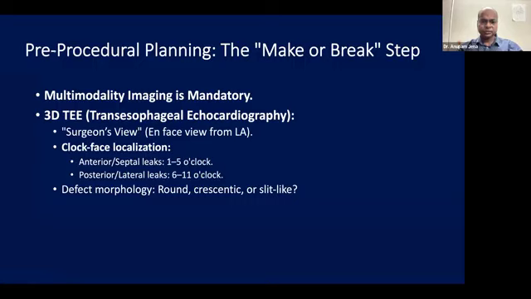There we try to localize the leak. In the majority of cases it will be anterior or septal; posterior or lateral will be seen in some cases also. Clock orientation also helps, and during the procedure with live 3D and 3D zoom, we can look into the areas where our catheter is going.